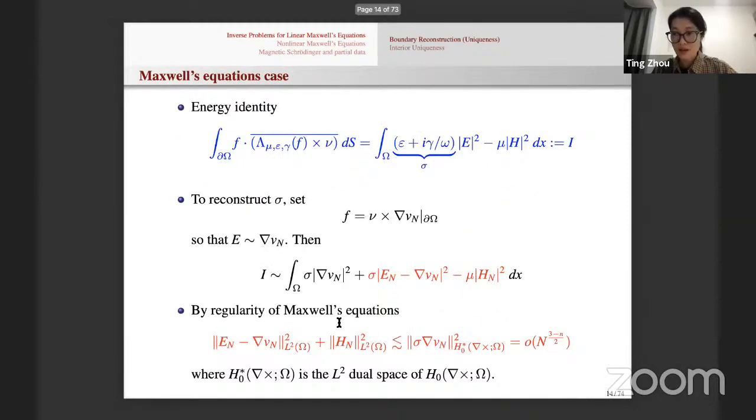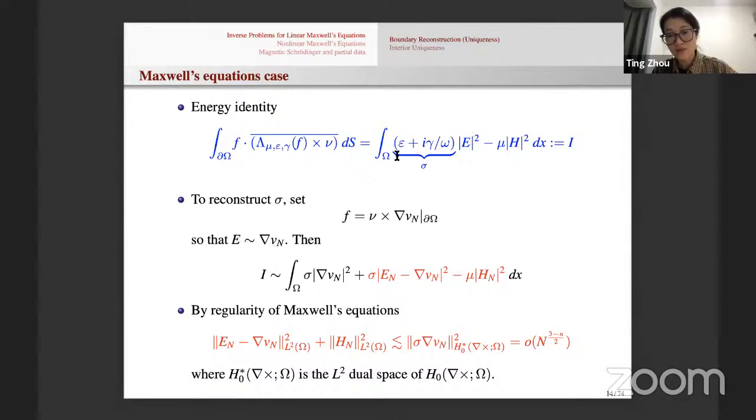So that was Brown's work for the Calderon problem, but for Maxwell's equations, we do similar things. You do this energy identity. Essentially, you set the boundary tangential fields, for the tangential electric fields, to be the tangential component of the gradient of v_n on the boundary. The idea was inspired by what you want E to be.